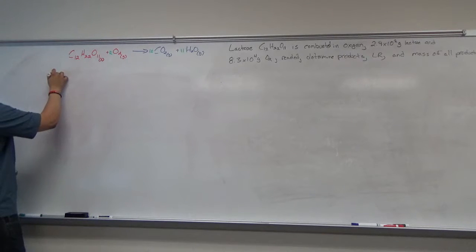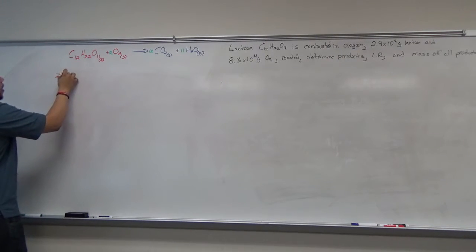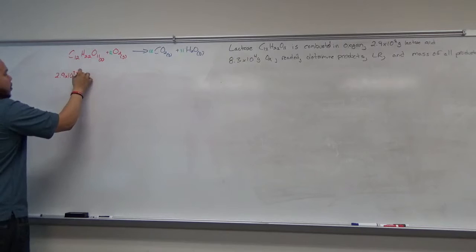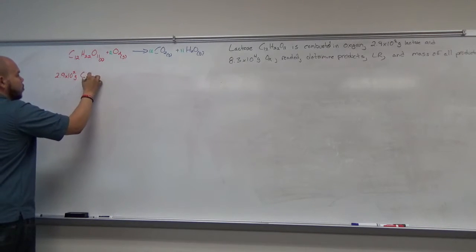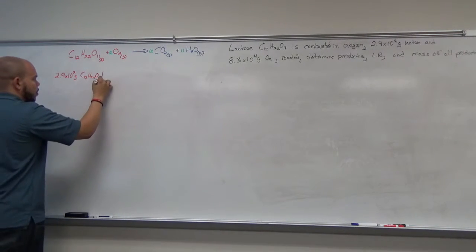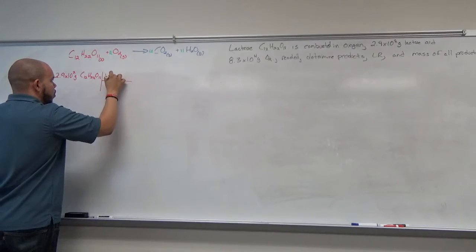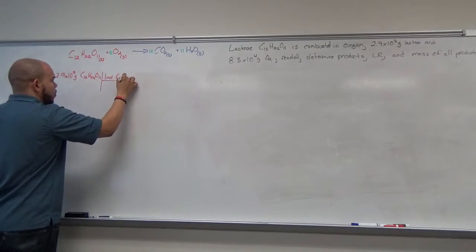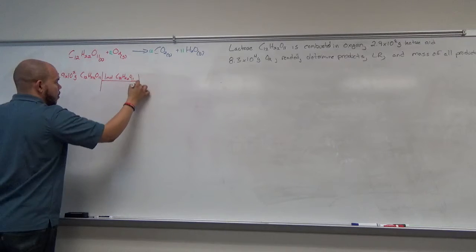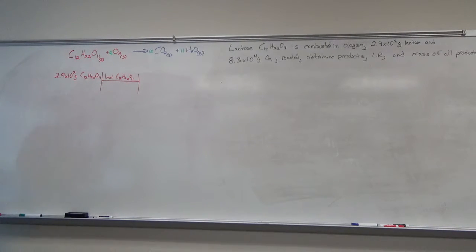So, 2.9 times 10 to the 2 grams of C12H22O11, 1 mole C12H22O11. The mass is 342.34, I have it right here.